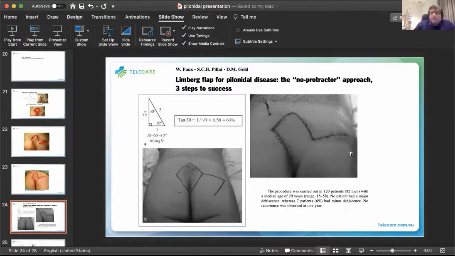So, a minor flap complication would be, for example, this corner not healing as well as the rest of the flap and needing some dressings for a few weeks just in that one area. But essentially, in none of the patients did the flaps become non-viable or need to be widely excised or taken back to surgery or anything like that.